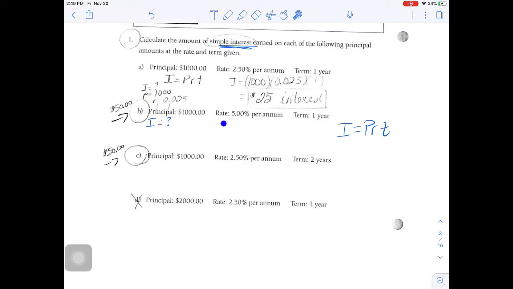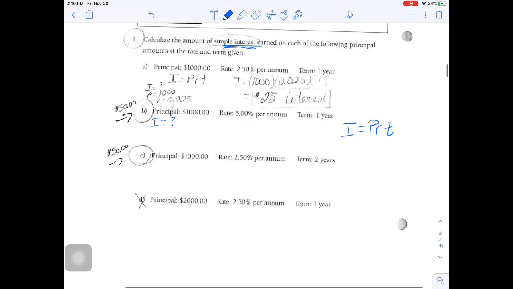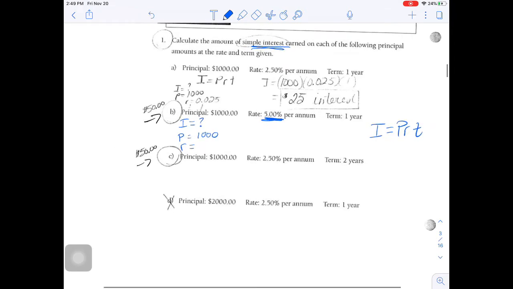Okay, you can see here that our principal is 1,000. So that's what you started off with, $1,000. 5% is our rate, so that's R. Now remember, R has to be in a decimal place. So when you convert percent to decimal, what you're going to do is you're going to take your number, so 5%, and divide it by 100.